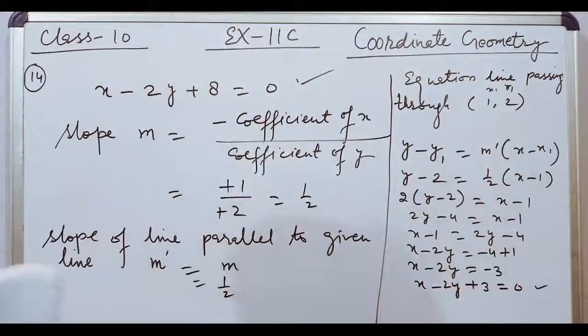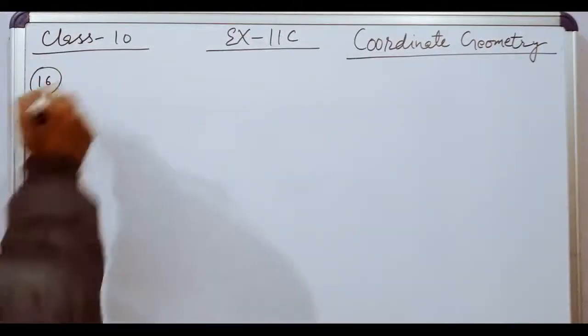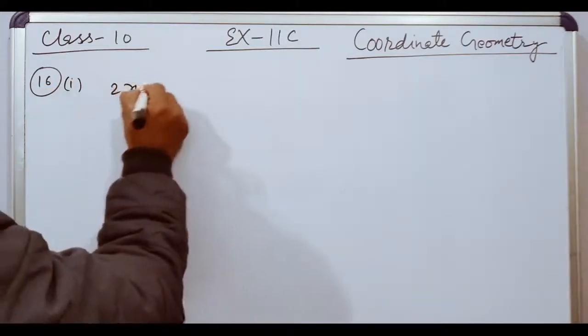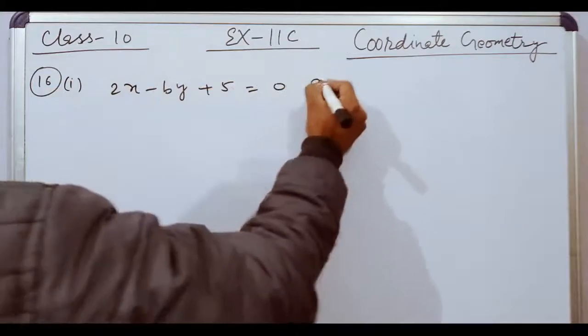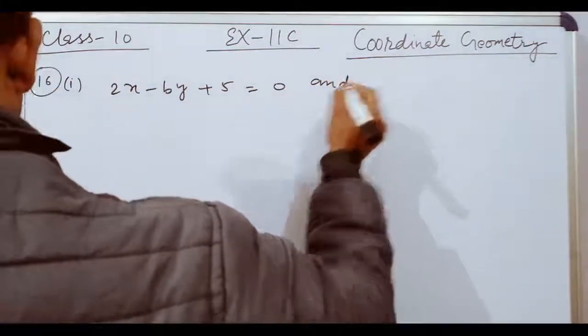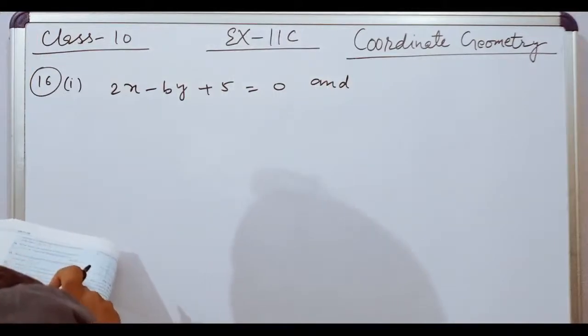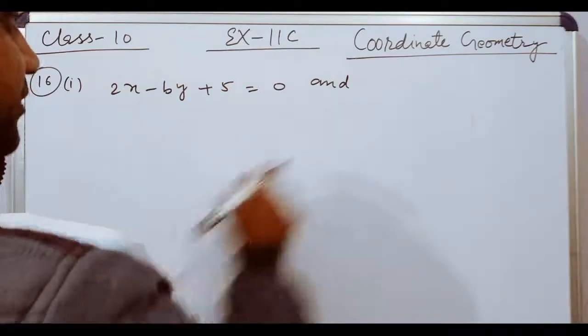Okay, dear students. Now question number 16, first part. Lines 2x minus by plus 5 equal to 0 and ax plus 3y equal to 2 are parallel. Find the relation connecting a and b.